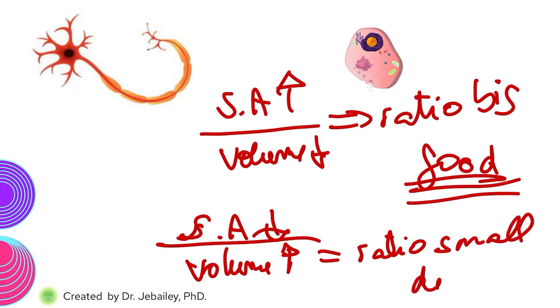And that means the cell will die. Not a good thing. So always go for a bigger surface area. Always go for more contact with the outside compared to the volume or the stuff that is inside. That's the most important thing. And that means it is the ratio between these two that controls the size of the cell.